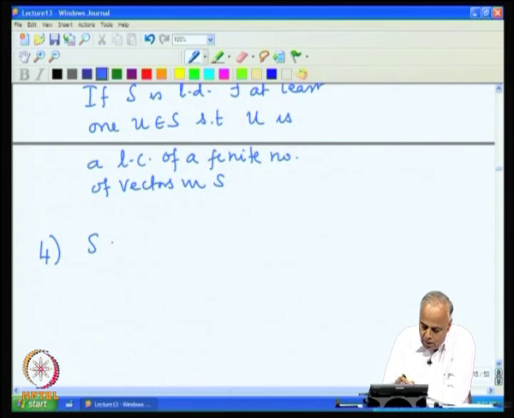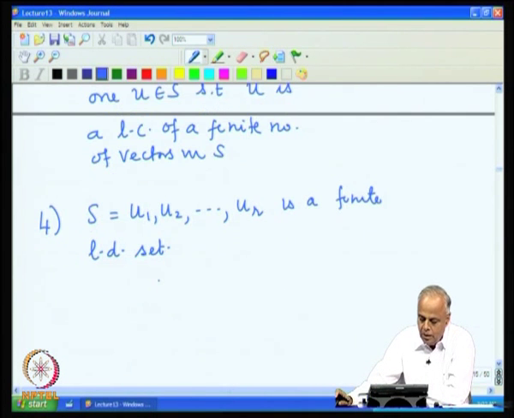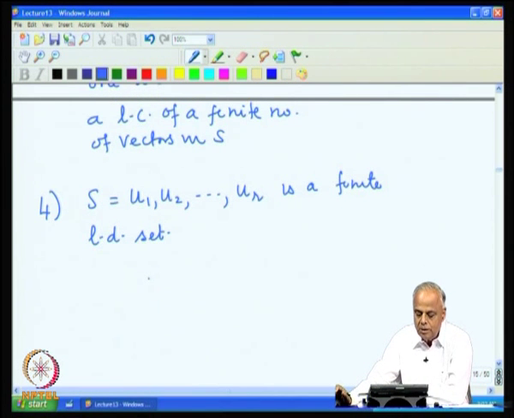So, suppose S equal to {u1, u2, ..., ur} is a finite linearly dependent set. Now, since this is a linearly dependent set, we must have a linear combination which is 0 without the coefficients being 0, like what we have just now done.